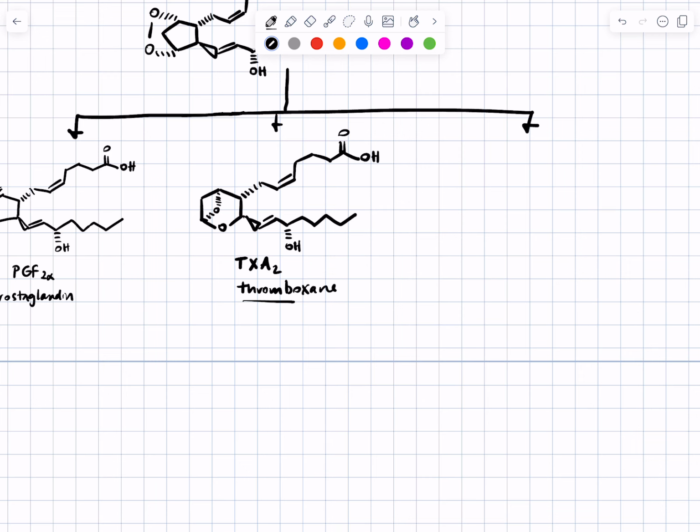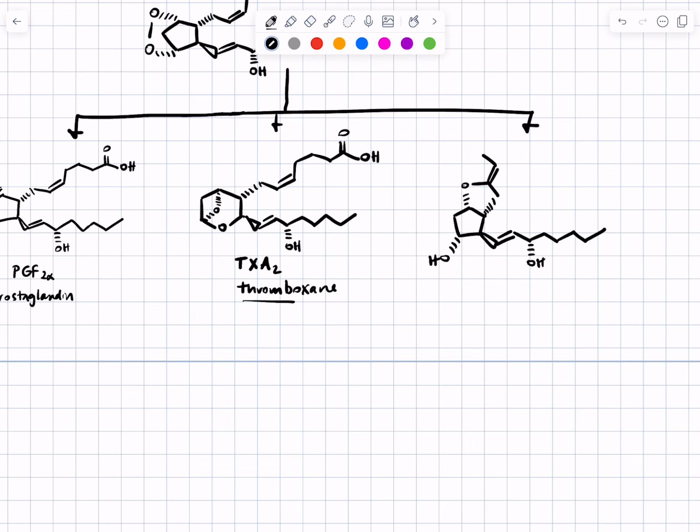If you change the structure a little bit, so what we're going to draw now looks like a little bit of a hybrid between a thromboxane and prostaglandin. You've got this 5-membered ring with an additional bond to it, an oxygen here. The lower portion is going to look the same as the prostaglandins and thromboxanes, but the upper portion is different.